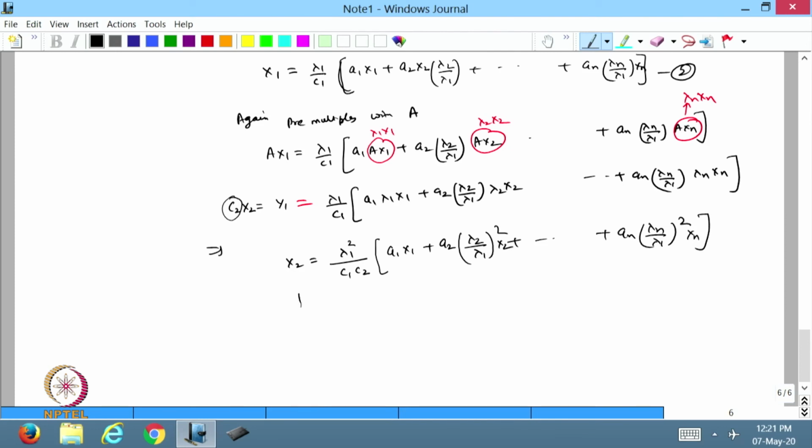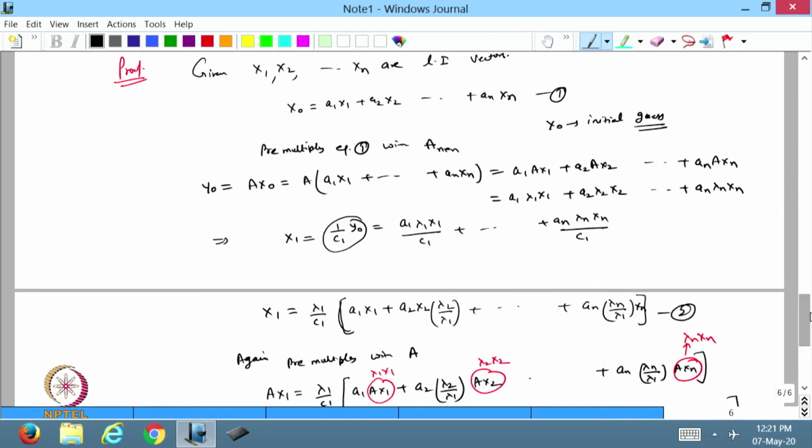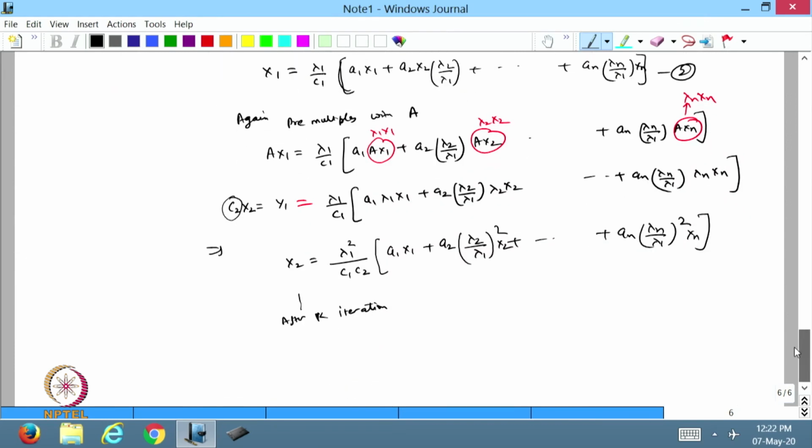So, if we keep doing this, after k iterations, the first iteration gives x1, the second iteration gives x2, so after k iterations I will get xk.